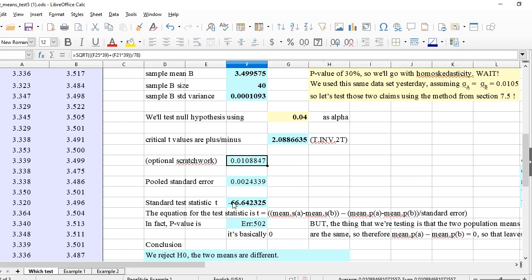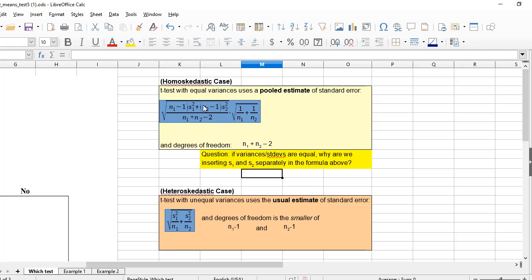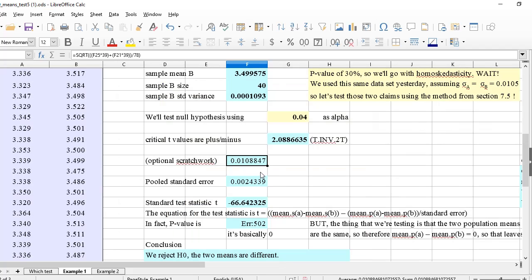And so what I'm doing in my scratch work is I'm doing this first half of the equation, which is the big square root, which is the degrees of freedom times the variance plus the degrees of freedom times the variance divided by the degrees of freedom, and then the square root of that. So if we go back here, I'll show you what that looked like.